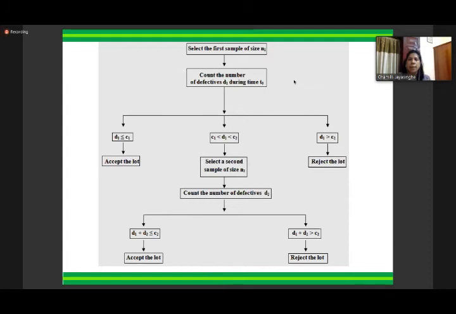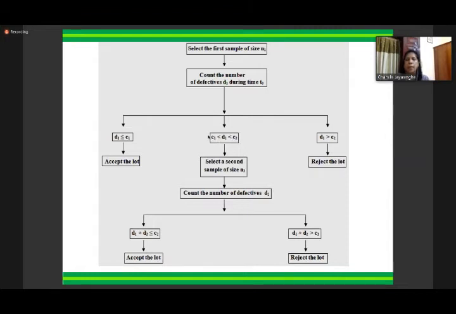Select the first sample of size N1, and count the number of defects D1 during the time T0. At that time, they count what defects are there, and then they go forward. D1, the defectives at time 0, is less than C1 and greater than C2.